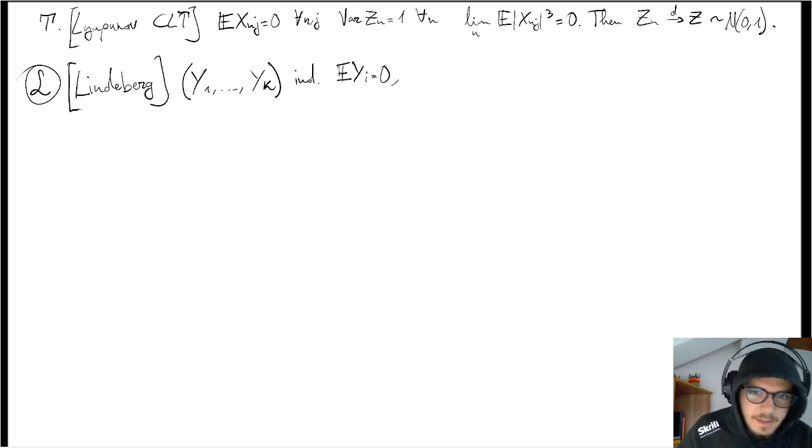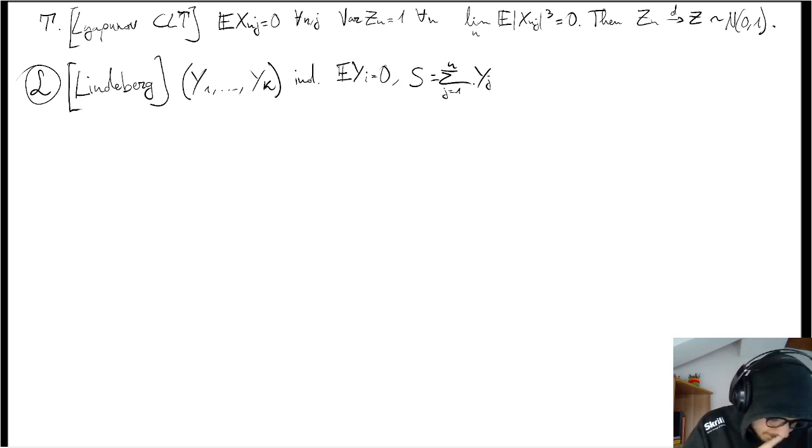And let S be the sum of them, up to k, because we are considering k of them. Let us further assume that the variance of S is 1.